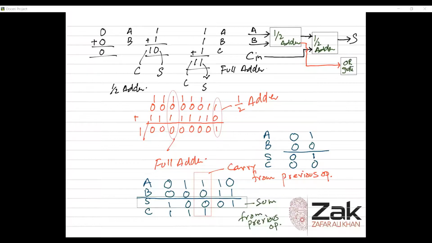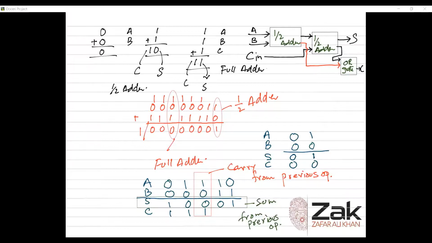This is not the full circuit, rather it's just a gate. So the output from the second half adder, along with the output of the first half adder, when they are ORed, the result is what? Carry.